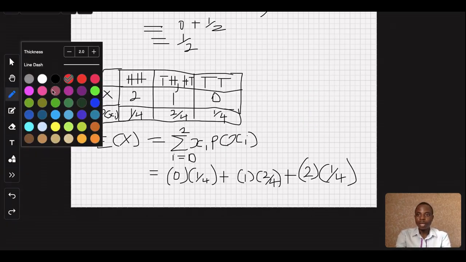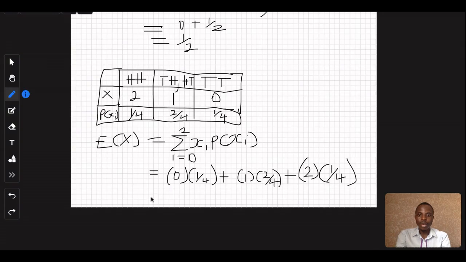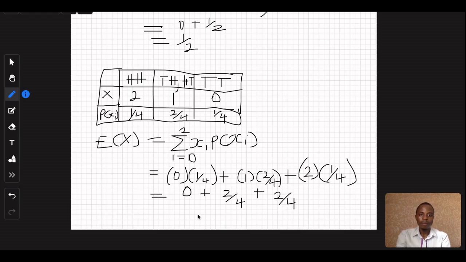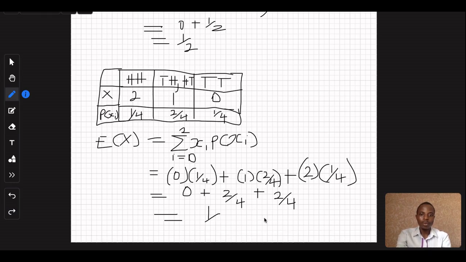All right, in that case, we are going to have 0 plus 2 over 4 plus 2 over 4, and that's going to give us 1 over 2 plus 1 over 2. Well, if you like, we may put the 2 together, not reducing anything: 2 plus 2 over 4.